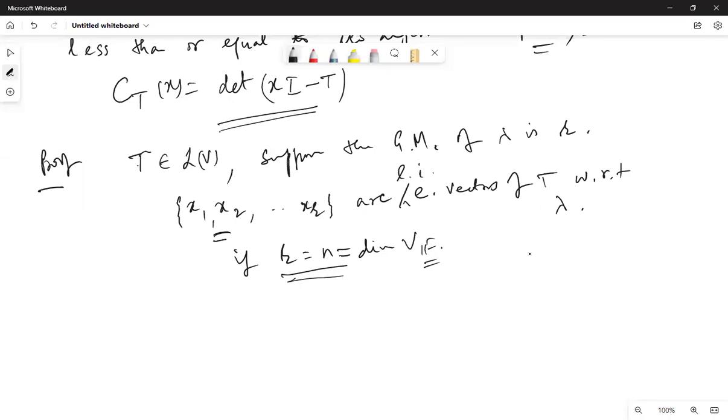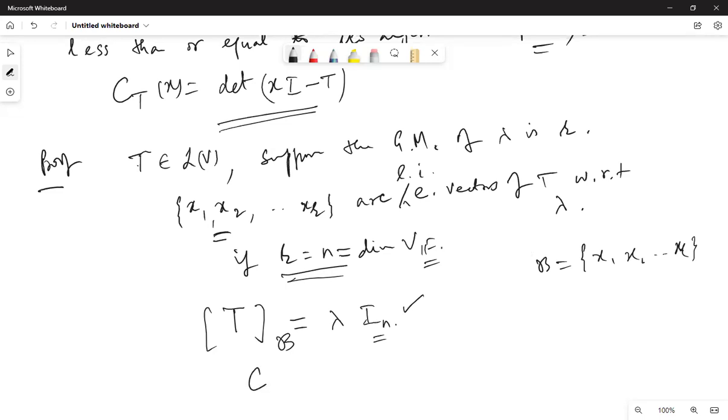The matrix of T with respect to this basis, if I take the eigenvectors as the basis, is exactly lambda times I_n. Then CTX is (x minus lambda) raised to the power n.